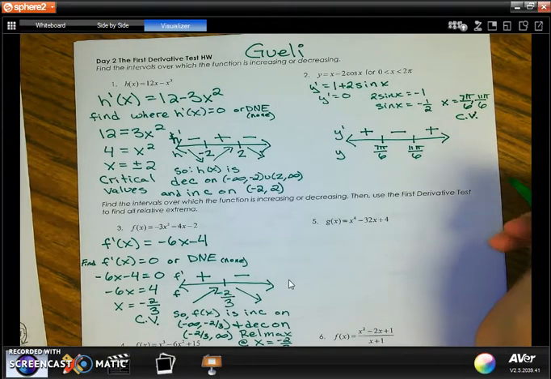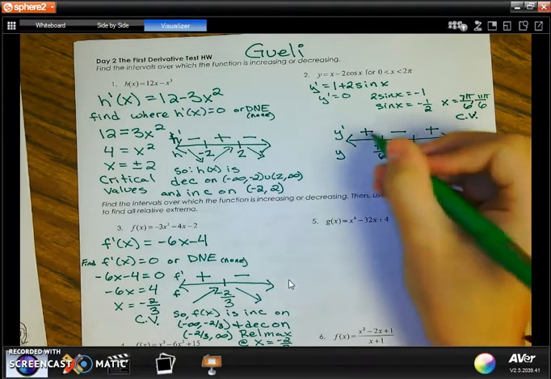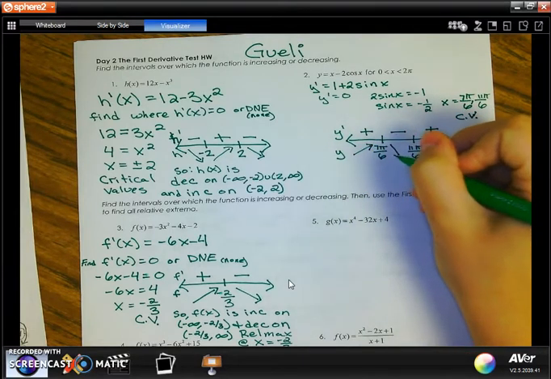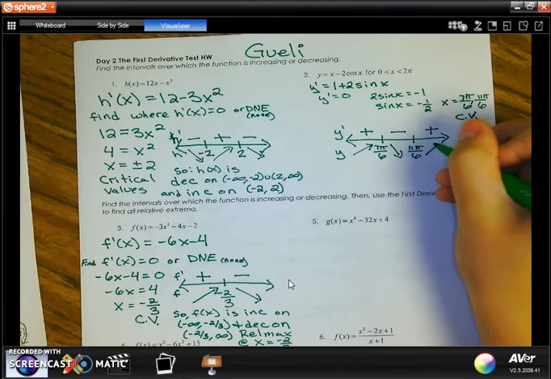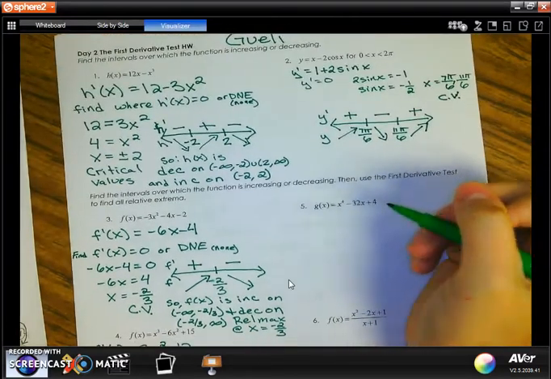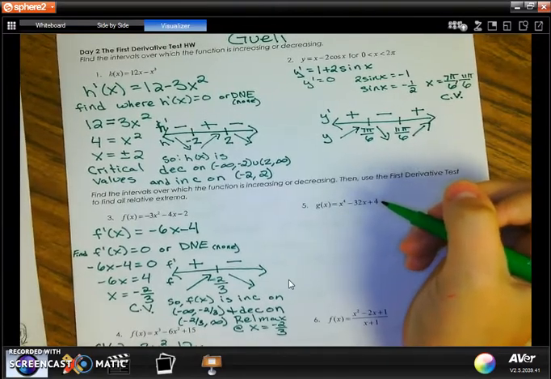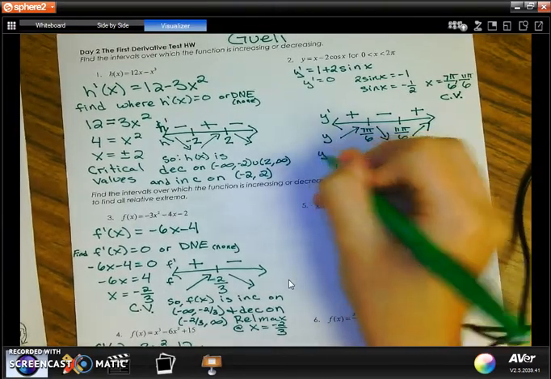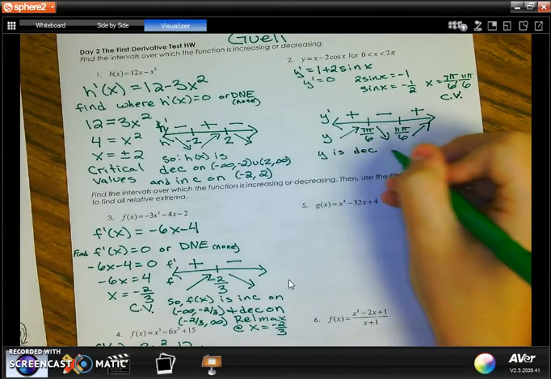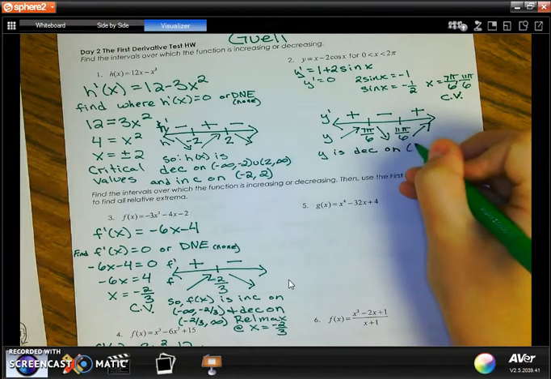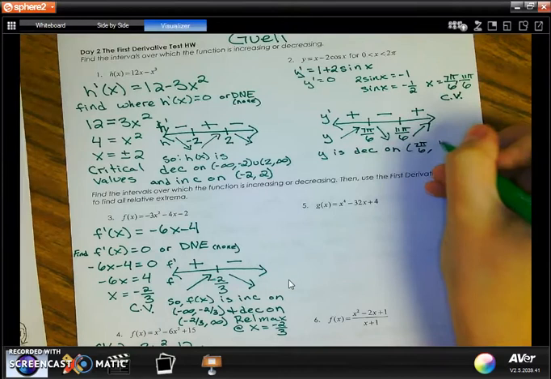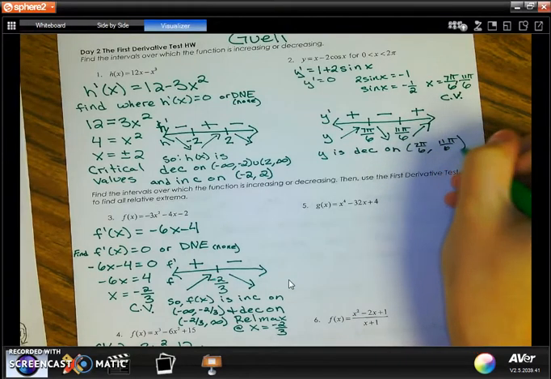So what does that tell me about y? If the derivative is positive, the function is increasing. If the derivative is negative, over that interval it's decreasing. And then we have increasing again. So my conclusion for this one, and make sure you're answering the question: y is decreasing on the interval 7 pi over 6 to 11 pi over 6.